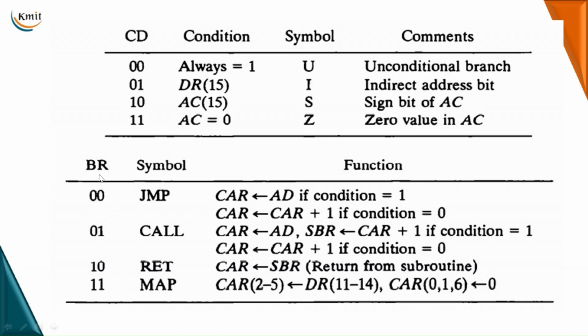This is also a 2-bit field which takes 4 possible combinations: 00, 01, 10 and 11. In case of 00, the symbol is jump.